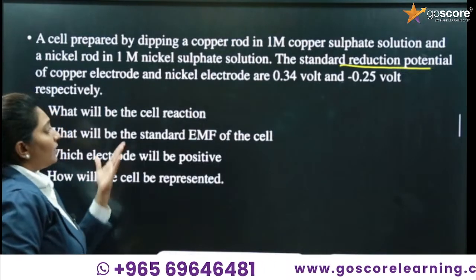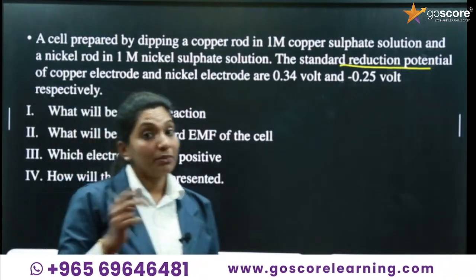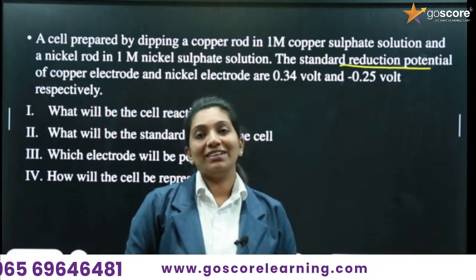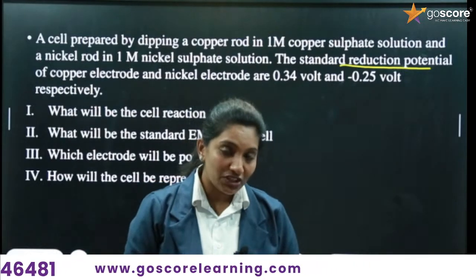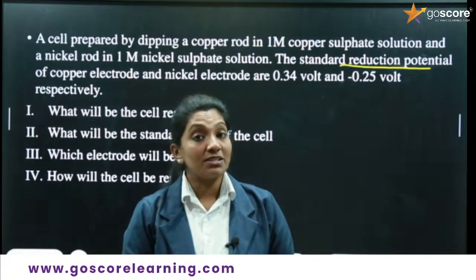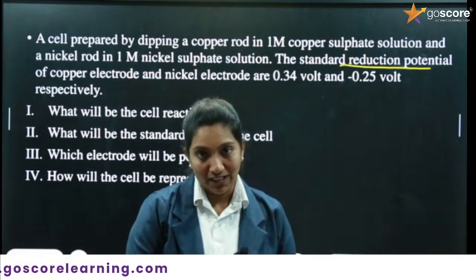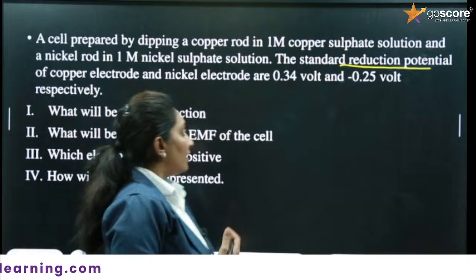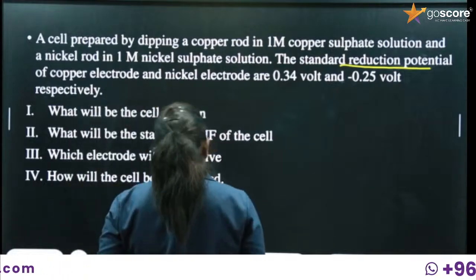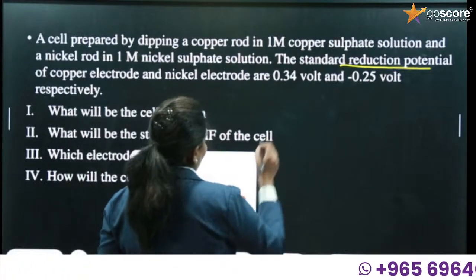So what will be the cell reaction? There can be two possibilities, right? But what we learned is that for a spontaneous reaction, the EMF of the cell must always be a positive value, right? So let me check which one gives the positive value. That will be the cell reaction.